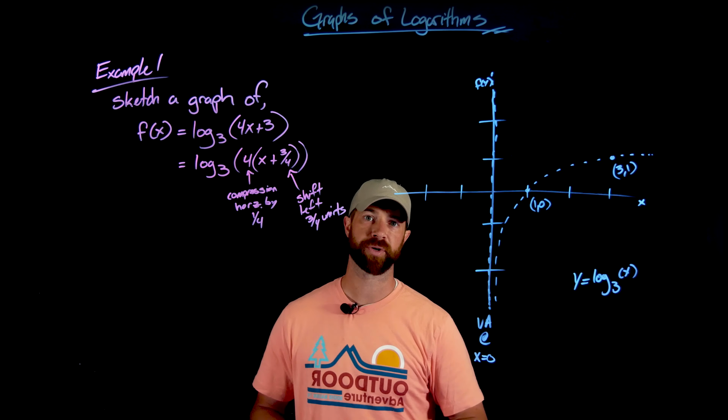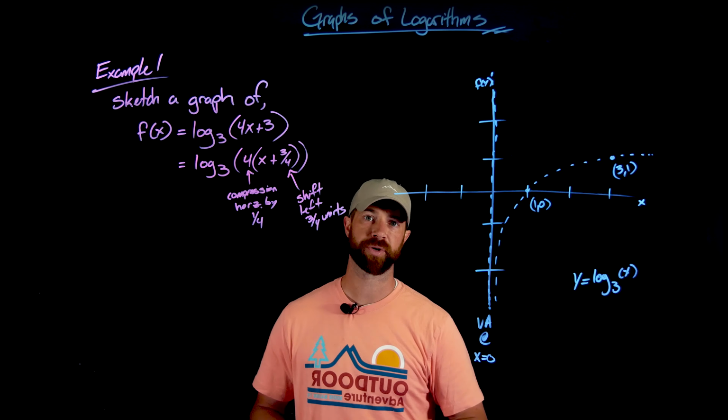All right, as stated a second ago, I'm going to take those 3 points and run them through these transformations. I always do my stretches or compressions first. So I'm going to compress horizontally by 1/4, which means I multiply the x values by 1/4. This also affects the vertical asymptote, but since it's at 0, multiplying by 1/4 won't do much.